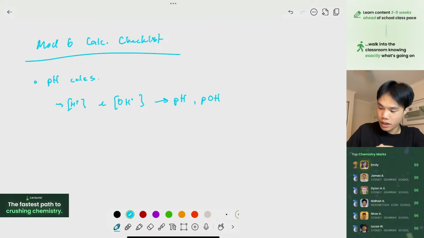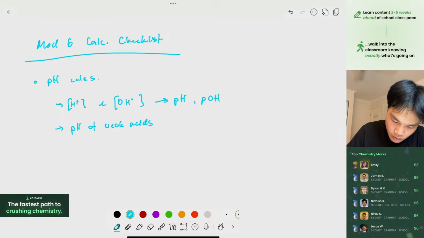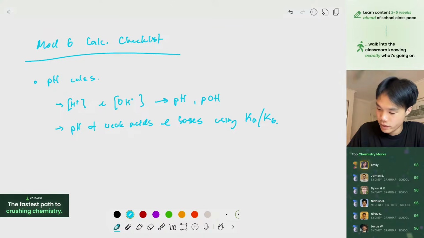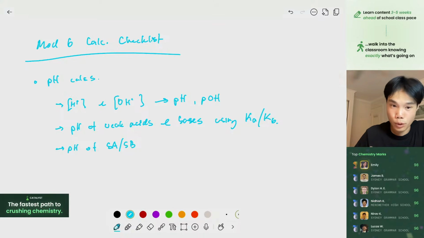Then you have your pH of weak acids and bases using Ka/Kb. Really common question type. You have your pH of strong acid, strong base in solution. You don't need Ka and Kb because you can just assume full ionization.